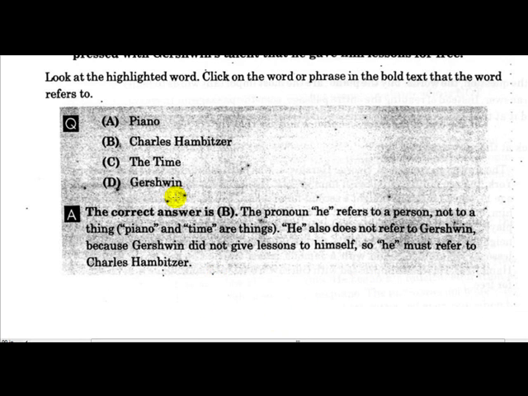The correct answer: he refers to a person. That's an important thing to know. Not a thing, like a piano or time. He also does not refer to Gershwin, because Gershwin did not give lessons to himself. So he must refer to Charles Ambitzer.